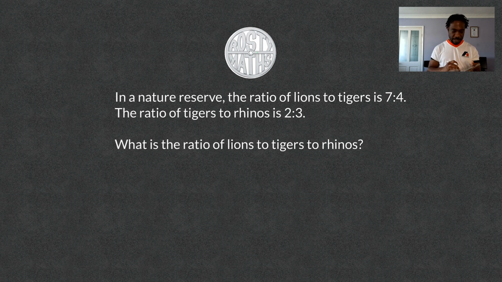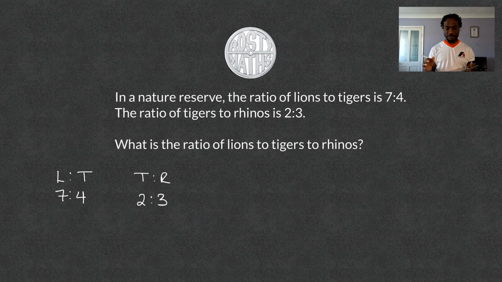So the first thing that I have a problem with is that when I put my lions to tigers, I get 7:4, and my tigers to rhinos comes up as 2:3. The problem is that I have a different amount of tigers. When you get these types of ratios, there's always going to be something that's repeated.